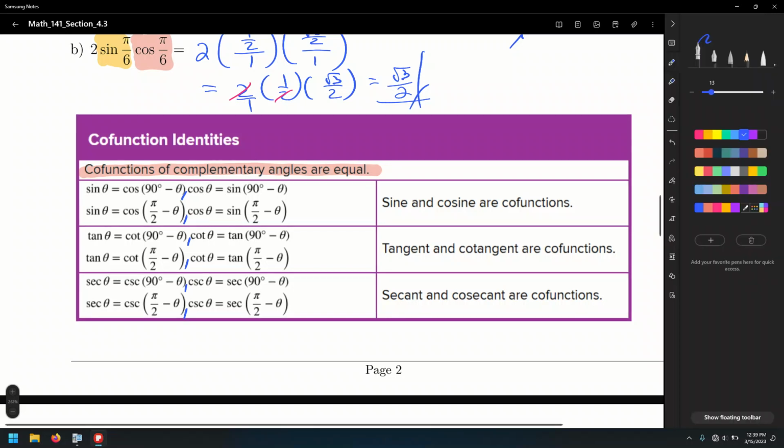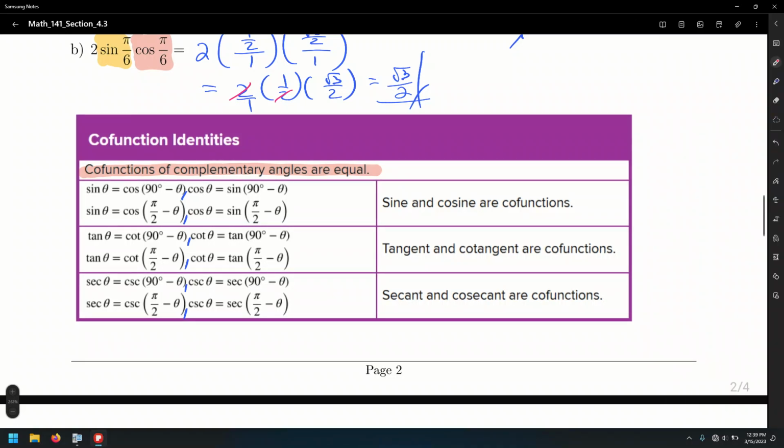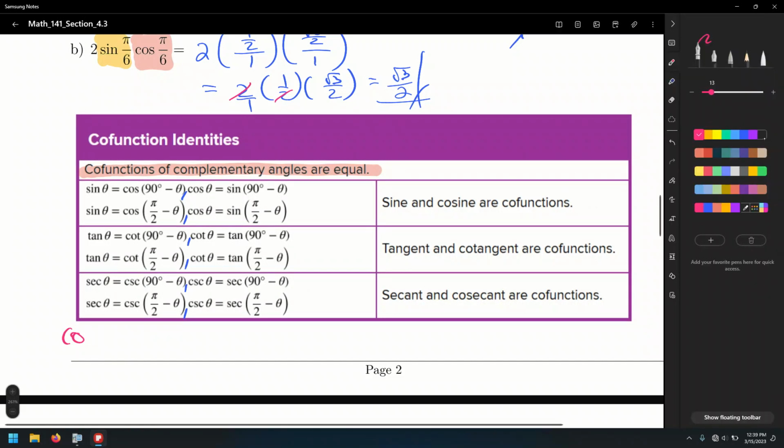On the one hand, cosine equals complementary sine. That's what cosine means. It's a sine, but complementary. In the same way, what's the next function?